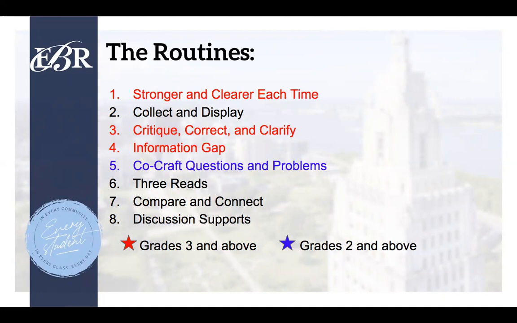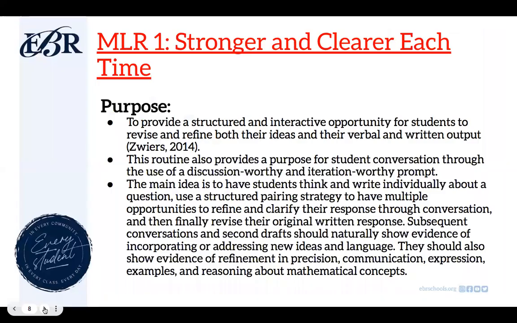Routine number 5 is typically used in grades 2 and above. The others span the entire K-12 spectrum. So 2, 6, 7, and 8 can be used with all students.